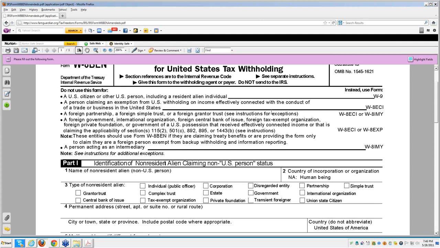So we're not U.S. citizens, we're not U.S. persons, and we're not resident aliens. So it don't apply. Right? We're not a foreign government. So you put part 1 here.